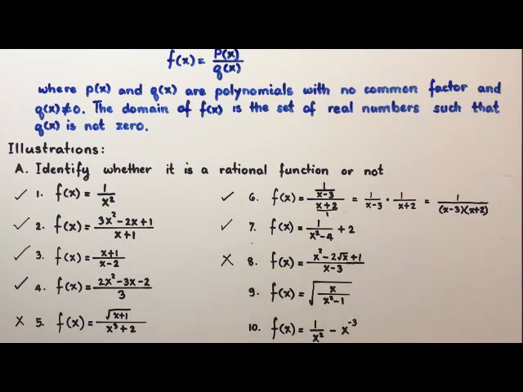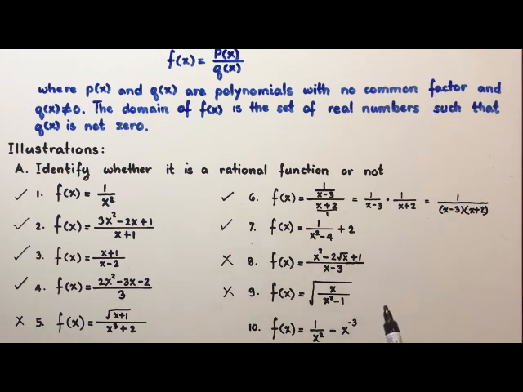Number 9, f of x is equal to the square root of x over x squared minus 1. Is this a rational function? If your answer is yes, then you are not right, because this is not a rational function. You can check that if you express this in exponential form, this is x over x squared minus 1, quantity raised to the power of 1/2.